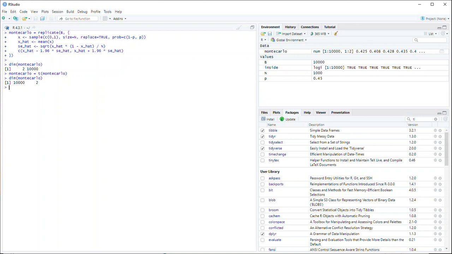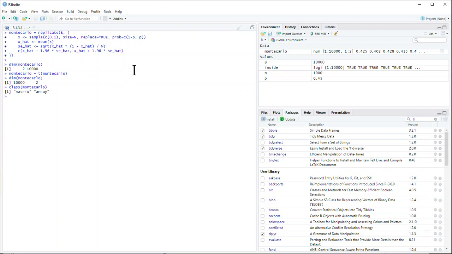And then to keep it straight, I want to put this into a data frame. So if I ask R what the class of Monte Carlo is, it tells me that this is a matrix array, right? But I don't know how to work so far in any matrix arrays.